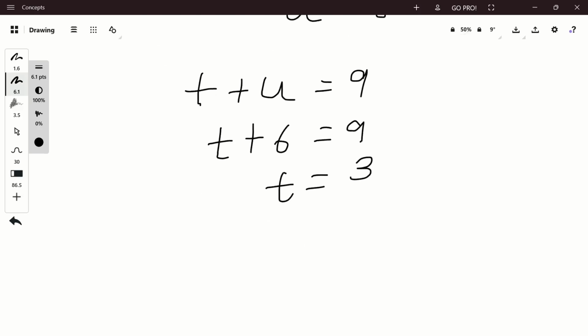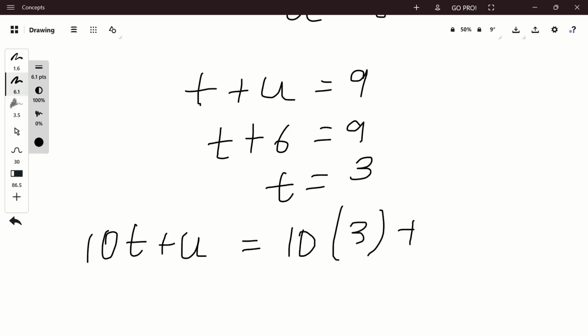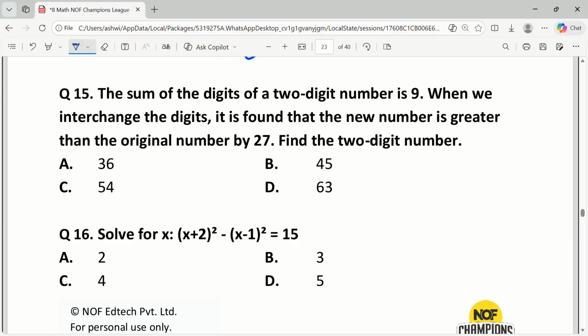The original number is 10t plus u, which is equal to 10 into 3 plus 6, which is equal to 36. Comparing with the options, the answer is A, 36.